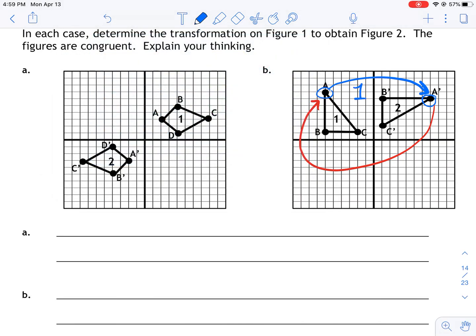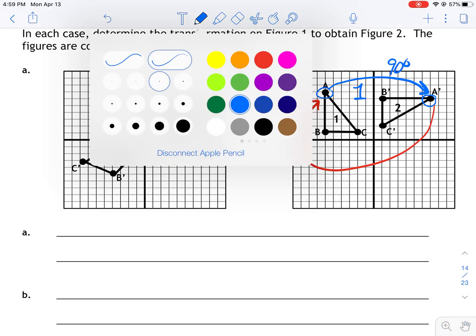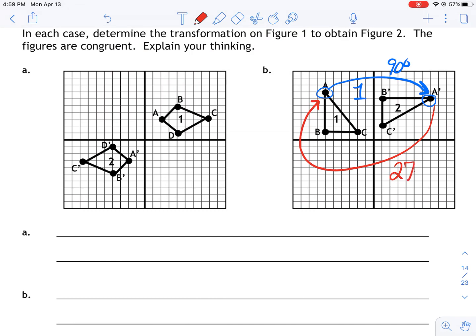If you do it correctly, you'll find out that there's one quadrant if you go clockwise, which means you're going to add 90 degrees, or 3 if you go counterclockwise, which means 270 degrees. So one quadrant clockwise, 3 quadrants counterclockwise, 90 clockwise, 270 counterclockwise.